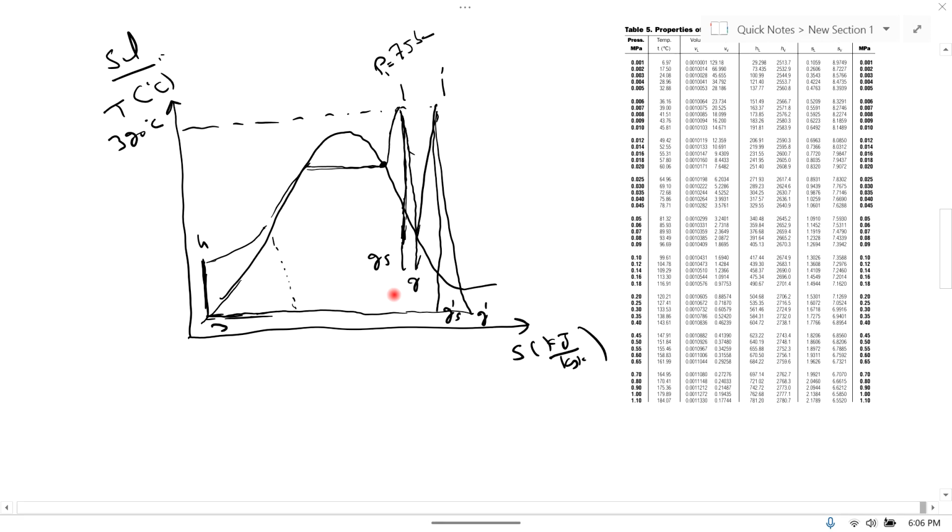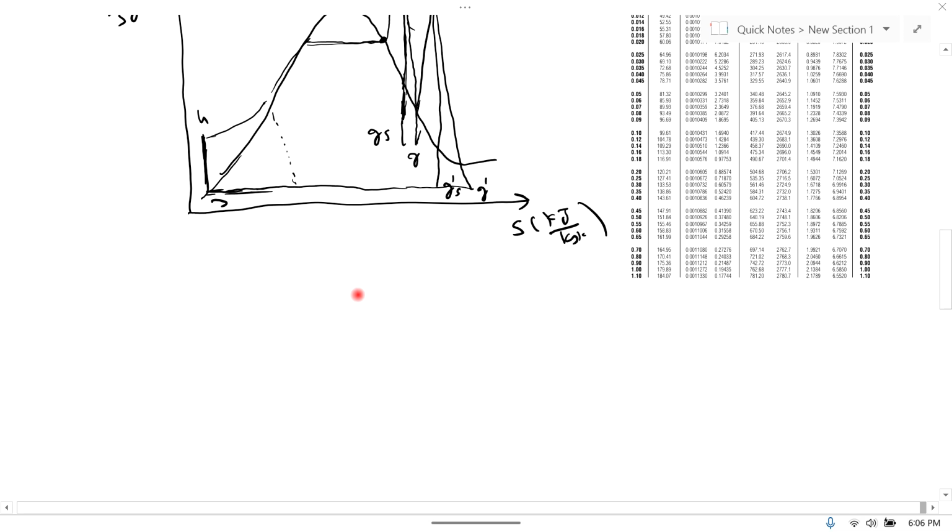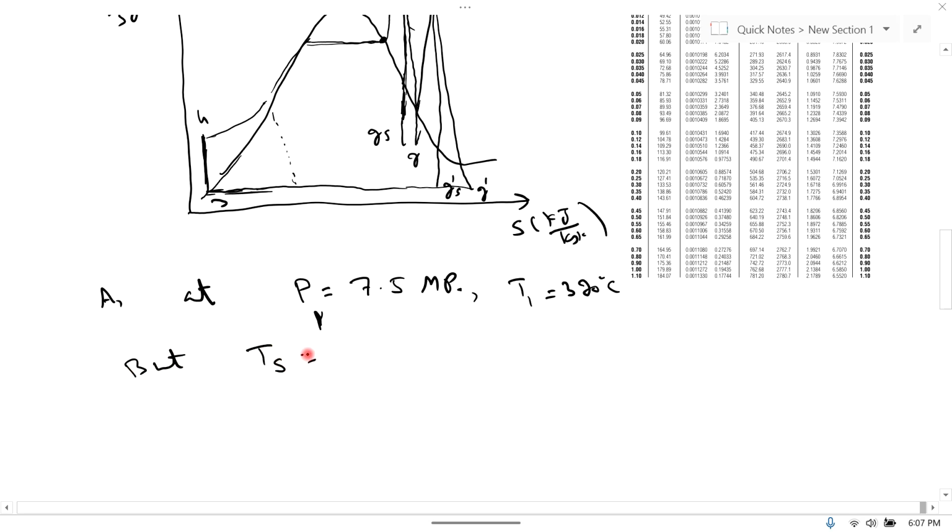First we know that at pressure equal to 7.5 megapascal, T1 is given to us as 320 degrees centigrade, but the saturation temperature is equal to 290.54 degrees centigrade, as from the saturated steam table.